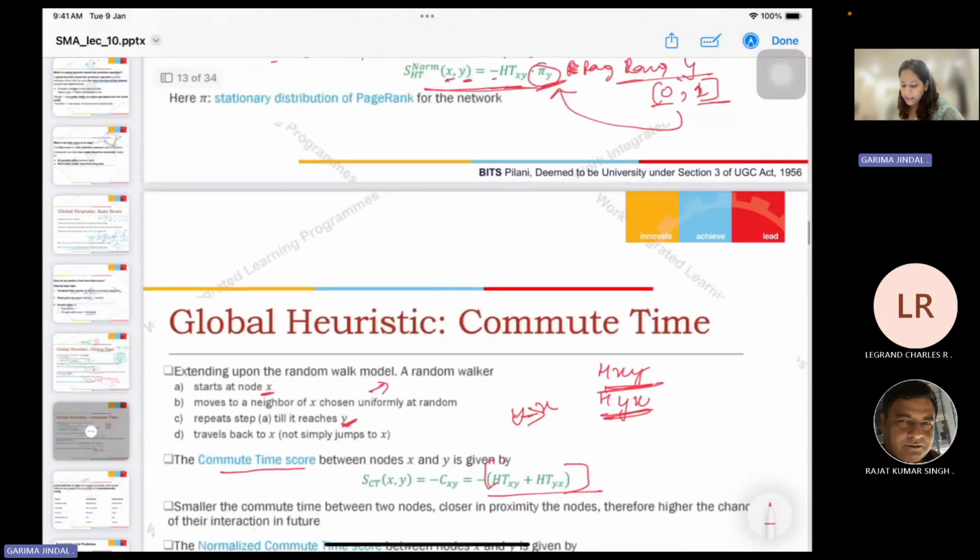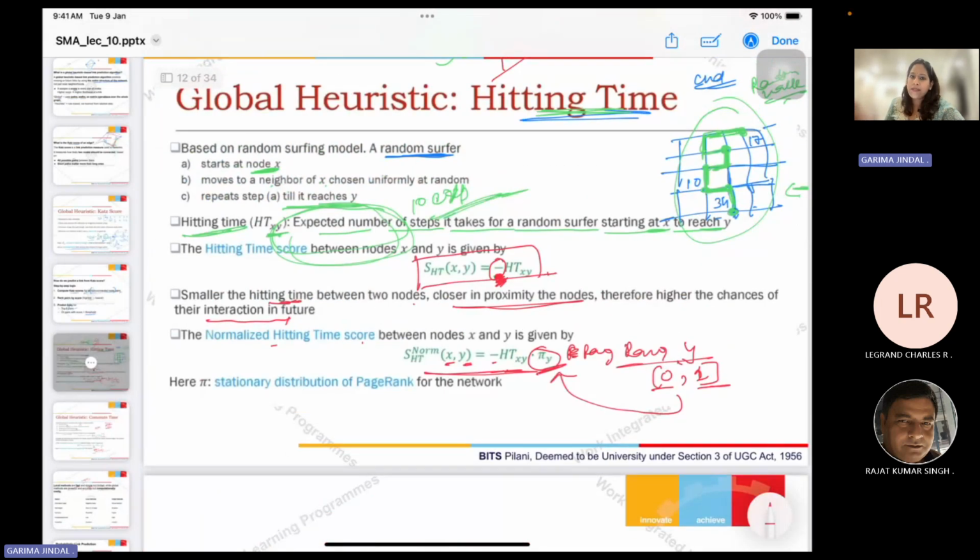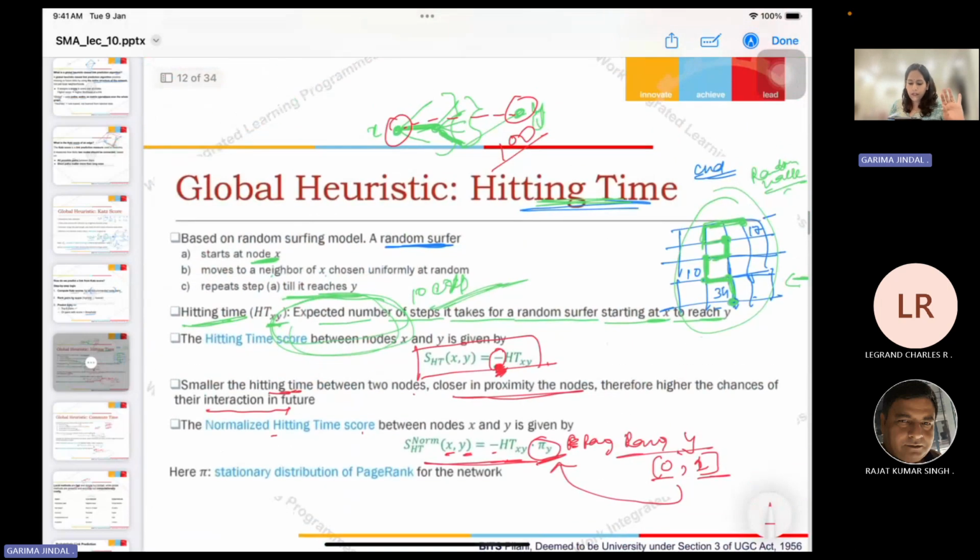Okay, so these methods, you have seen that here you need to calculate the paths, and path calculation is an expensive operation. Okay, so if I take an overview, local methods are based on the neighborhood, whereas global methods are based on the paths.